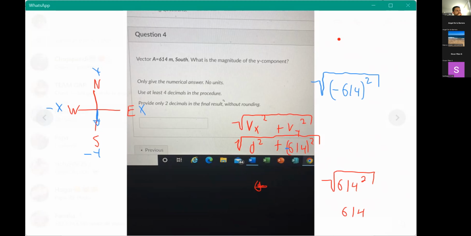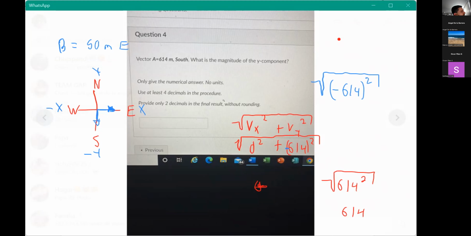But why does Vx equal 0? I still don't understand. Because when they give you just south, north, east, or west, they are just giving you a value in x or in y. For example, if they say B is equal to 50 meters to the east, does that vector have any y component?